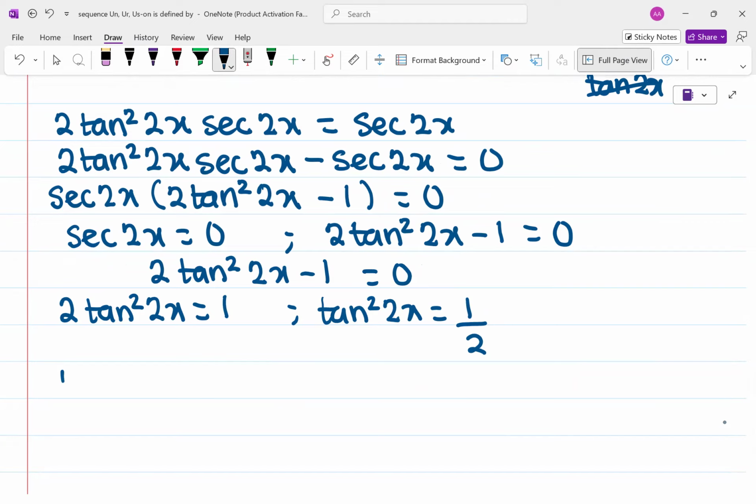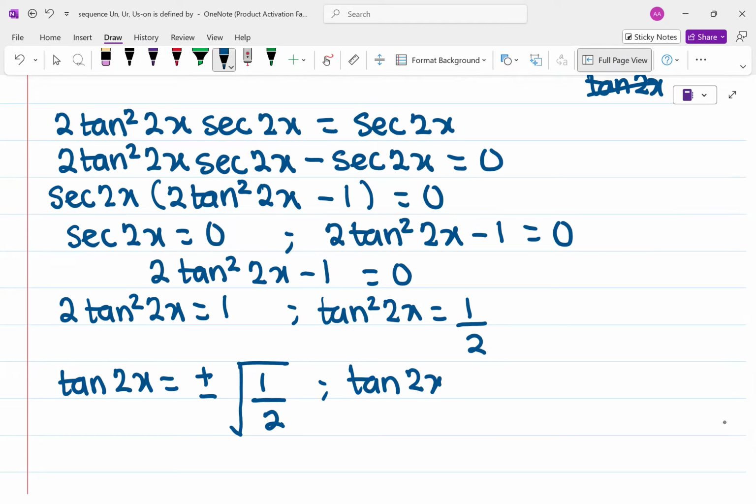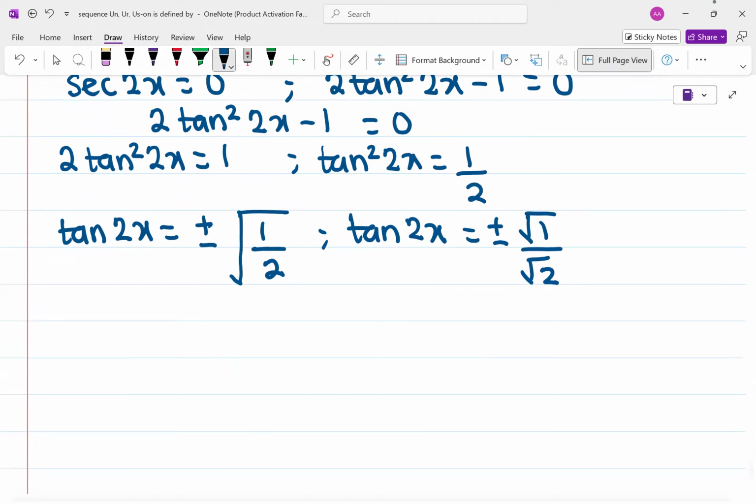So that will become tan 2x is equals to plus or minus the square root of 1 over 2. So I have this tan 2x is equals to plus or minus the square root of 1 over the square root of 2. So when I have the square root of 1 over, that will now become tan 2x is equals to plus or minus 1 over square root of 2.